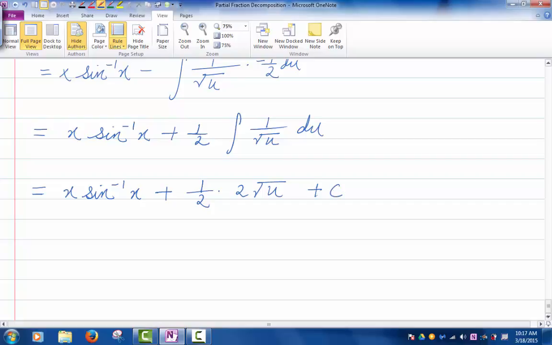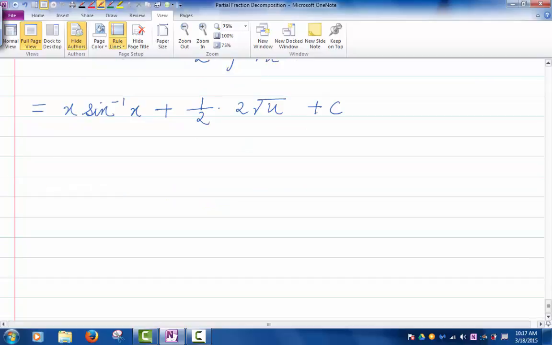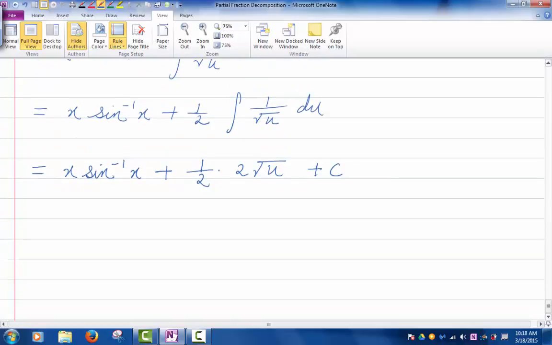But one more thing that I have to do here is, let's cancel out half and 2. What was u? U was 1 minus x squared, right? So let's put that back in.